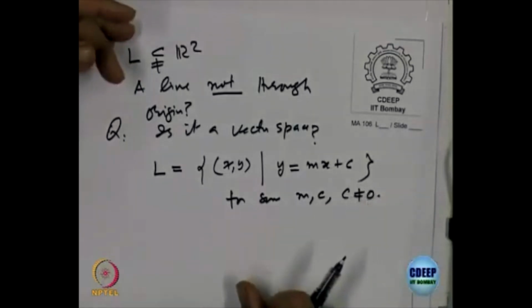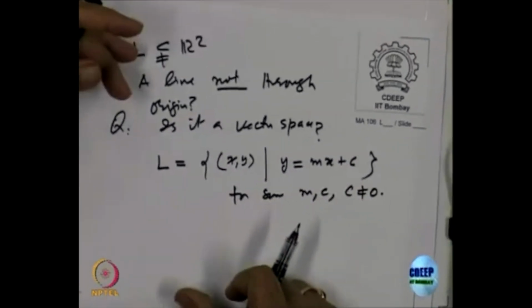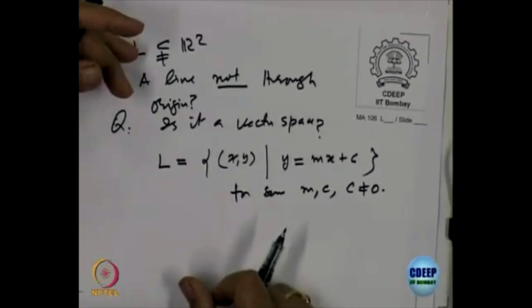So all points on the plane which lie on the line are given by these two constants m and c. I want to check whether, if I take 2 points here, the combination stays on the line.